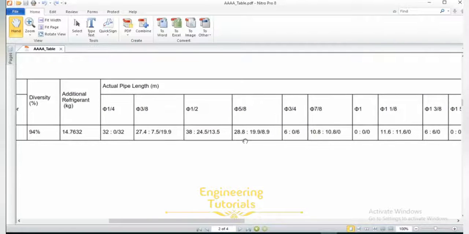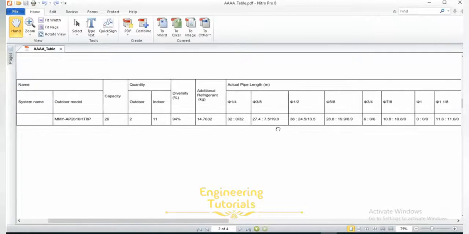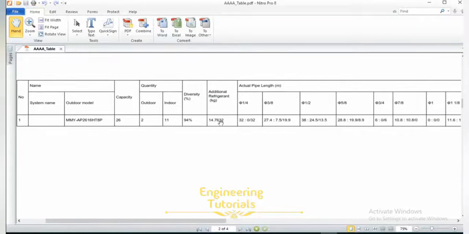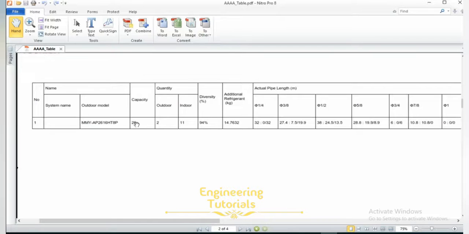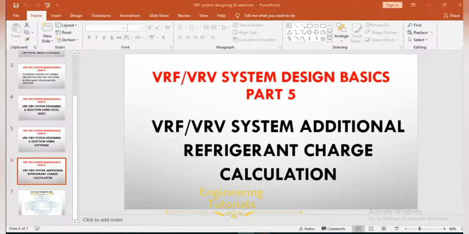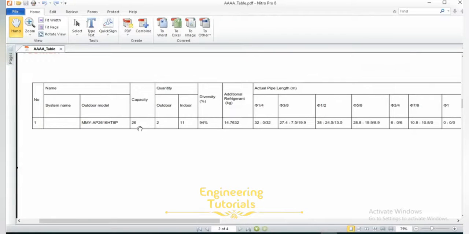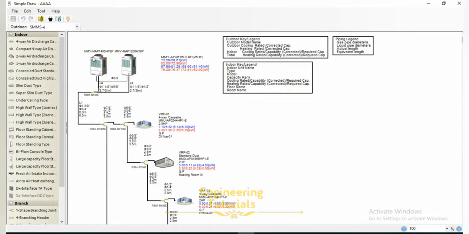As you can see, when we were making our VRF system design in my last video, I created a PDF file from our design. We know that the outdoor unit capacity which we have calculated over here is 26 horsepower, and we use two outdoor units. One is 14 horsepower and the second is 12 horsepower, total 26 horsepower.